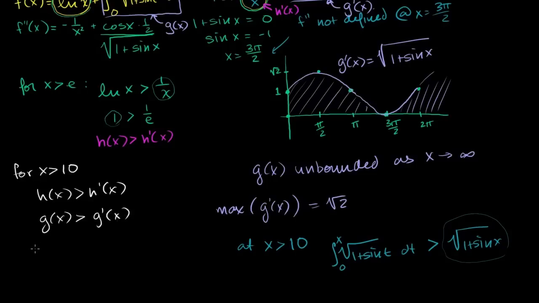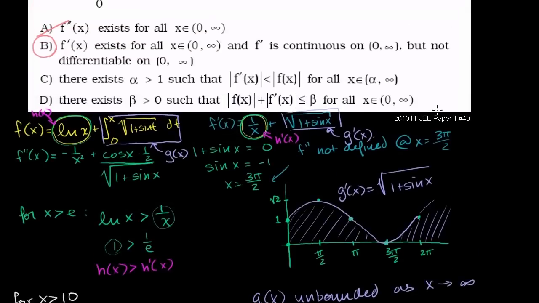So we know that f of x, which is equal to h of x plus g of x, is going to be greater than f prime of x, the sum of the derivatives, which is equal to h prime of x plus g prime of x. We can make alpha equal 10, and this is true. Now let's do part D.